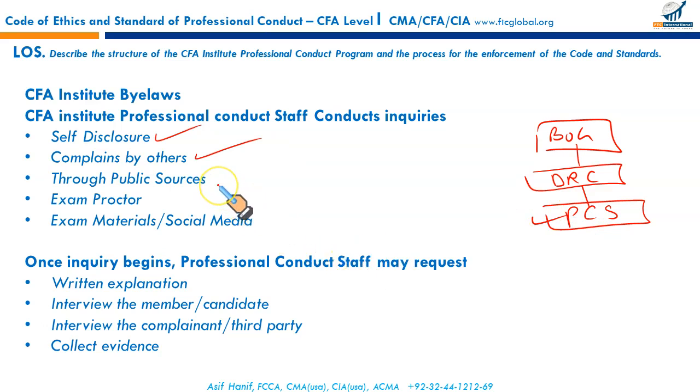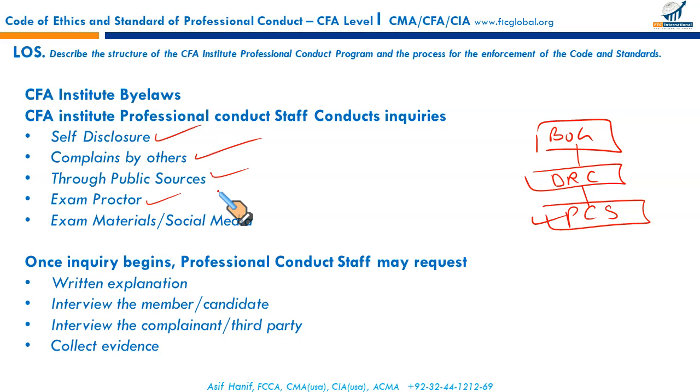Third, evidence of your misconduct might have been received by the Professional Conduct staff through public sources, maybe through social media, Facebook, Twitter, LinkedIn, and so on. Or perhaps a report by the CFA exam proctor of a possible violation during the examination.